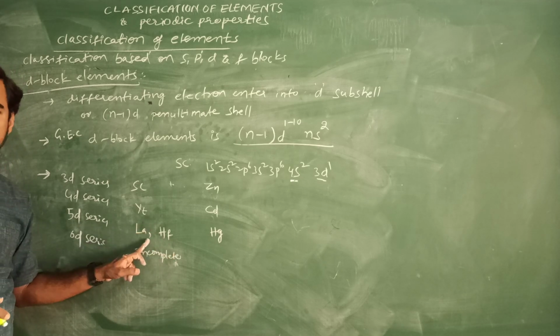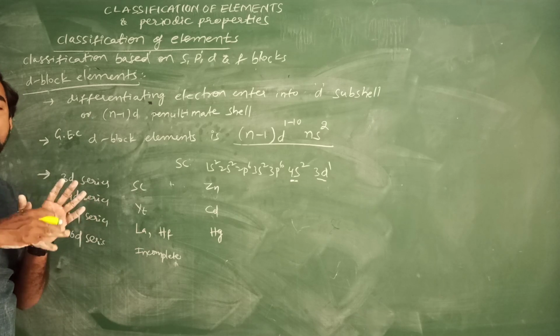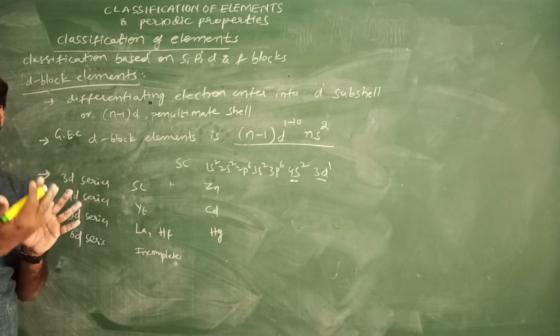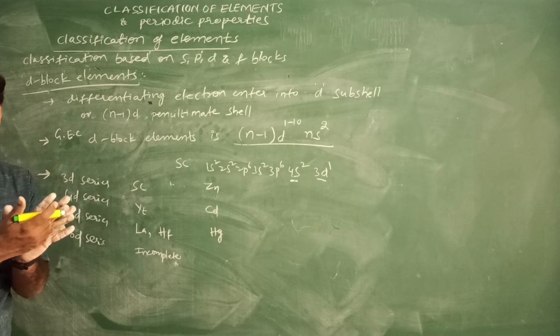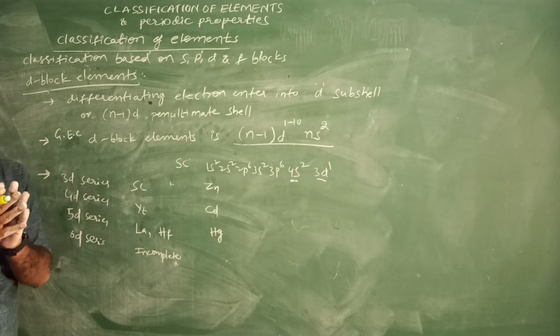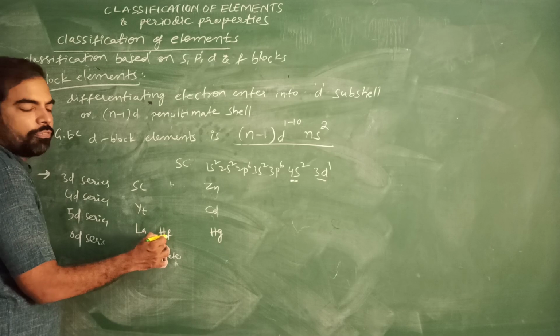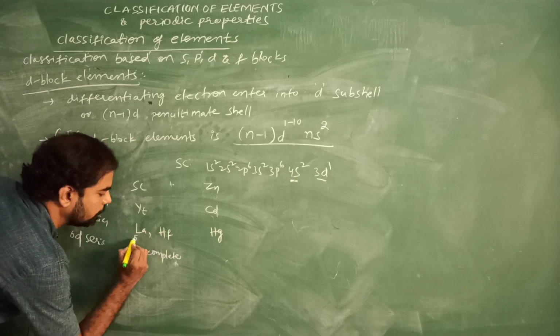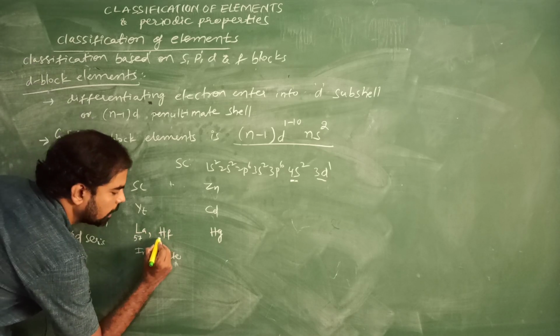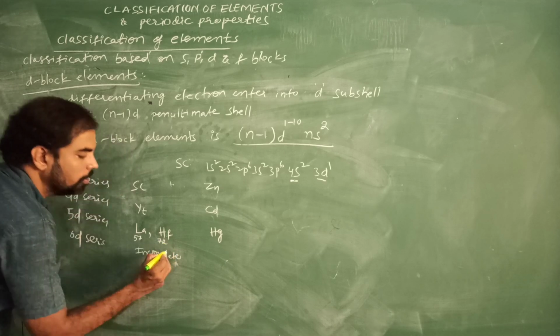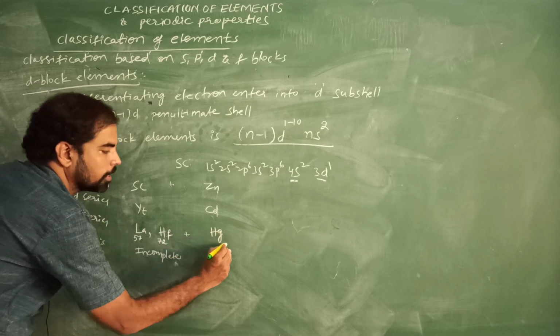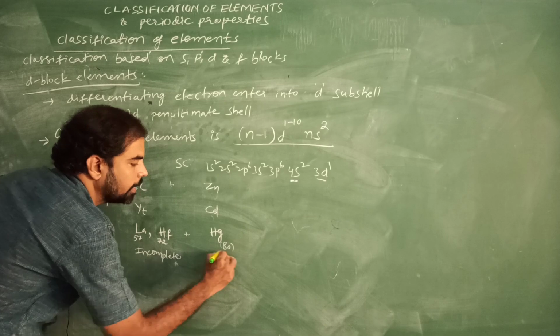After lanthanum, the elements present are called lanthanides, and the lanthanides are present at the bottom of the periodic table. They are called F block elements. We will discuss that later. Lanthanum, next hafnium. Lanthanum atomic number is 57, whereas hafnium atomic number is 72, and mercury is 80.